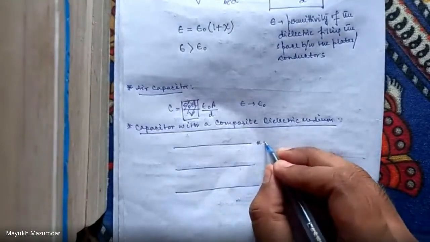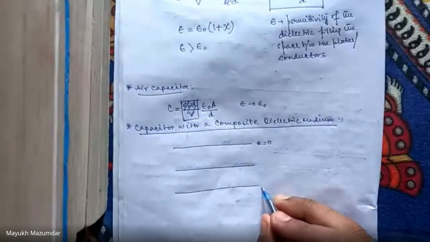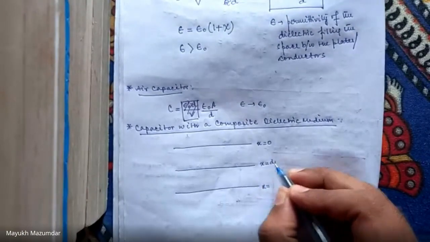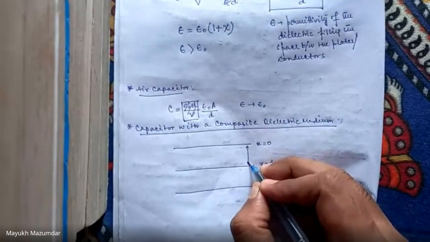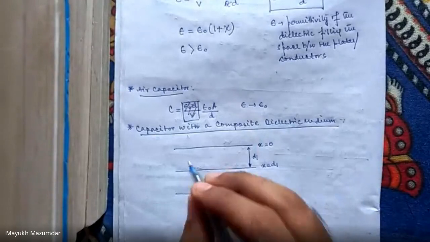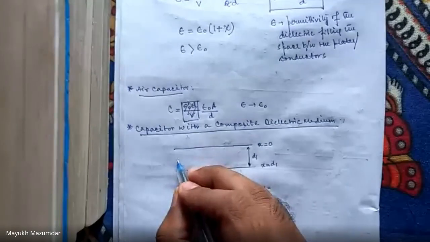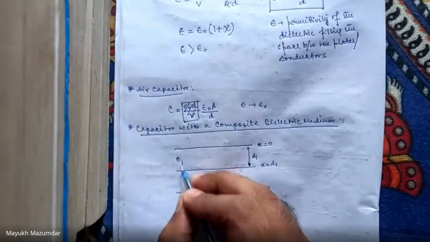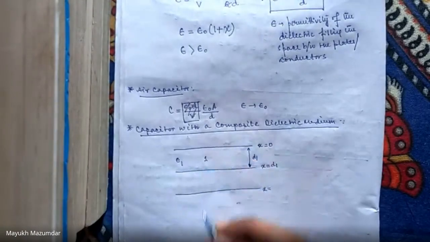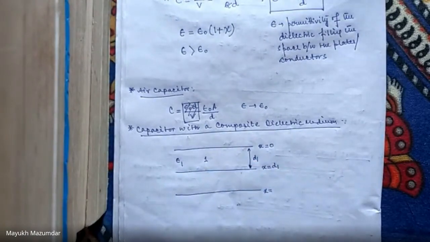x equal to 0 is, say, one plate. x equal to d1: at d1 distance from 0 to d1, in this gap I have a material of permittivity, say, epsilon 1, and call this region 1.